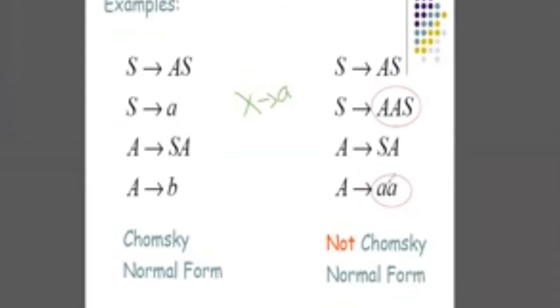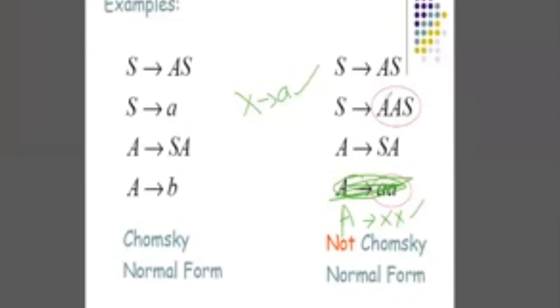So what will happen to this particular production here? This production can be written as A tends to AX. See here, a non-terminal symbol is giving you two non-terminal symbols, right? So now this one line I replaced with these two productions, in which both are in Chomsky normal form, right?